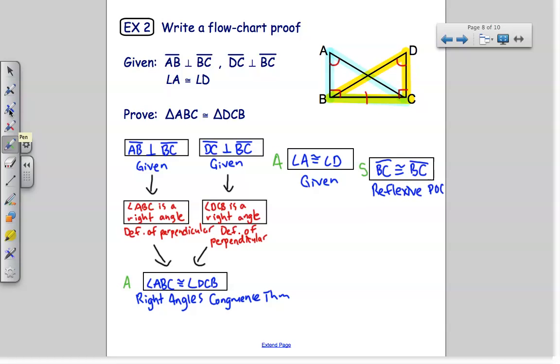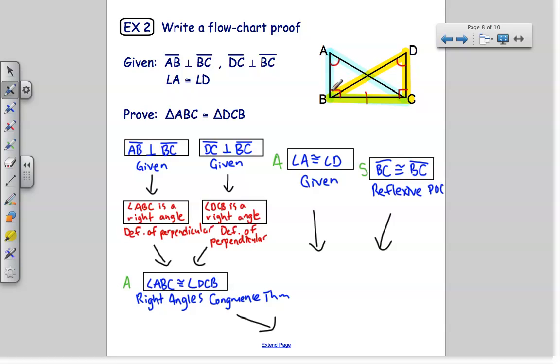We should have enough info to say that these triangles are congruent because I'm going to draw from all three of these, here, here, and here. We have two angles and the side. Oh, I guess the question is, are the angles, or is the side between the angles, or is it the two angles then the side? Take a look at my yellow triangle. I have angle at D, I have the right angle at vertex C, then I have the side. Now the blue triangle, it's the same situation.